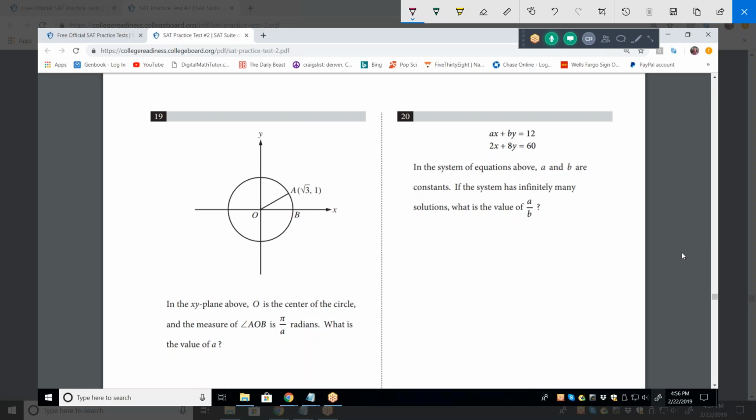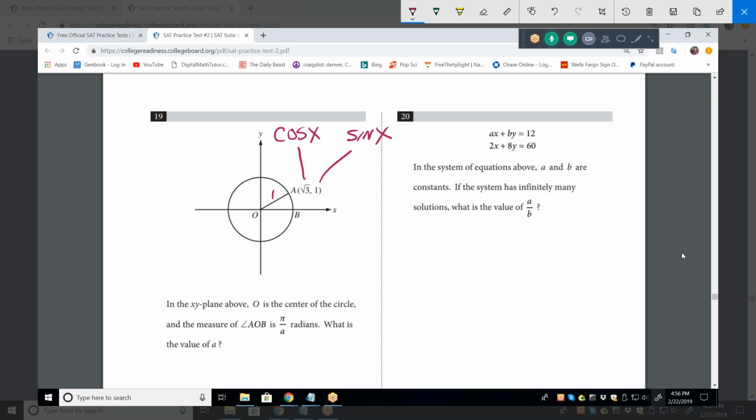If this were the unit circle, that was a 1. What is that and what is that in terms of trig functions? Your x coordinate is the cosine of the angle, and the y coordinate is the sine of the angle.